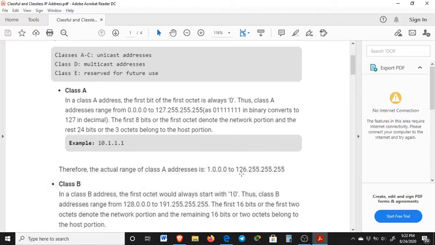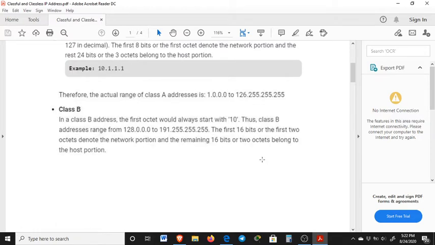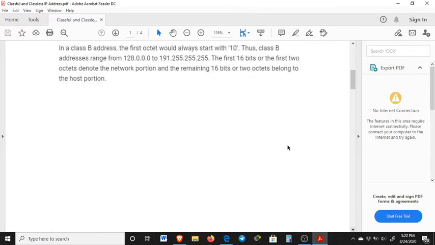Moving on to the next one, which is class B. Class B starts from 128 to 191. Remember, class A is from 1 all the way to 126, and then class B is from 128 to 191.